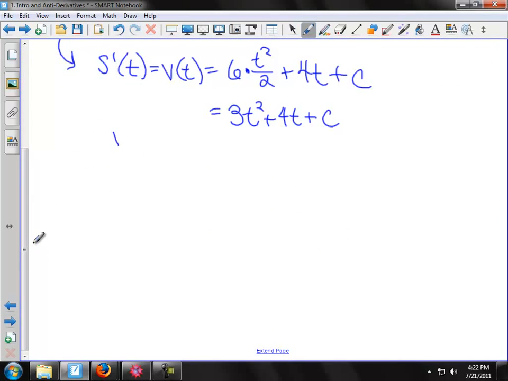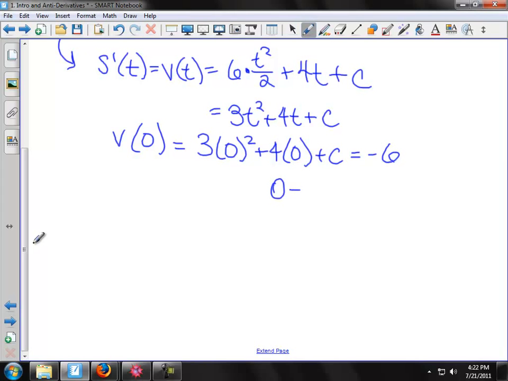So velocity of 0 equals 3 times 0 squared plus 4 times 0 plus c, and that's supposed to equal -6. So 0 plus c equals -6, so c equals -6. And plugging that in, that gives us that our velocity function was really 3t squared plus 4t minus 6.